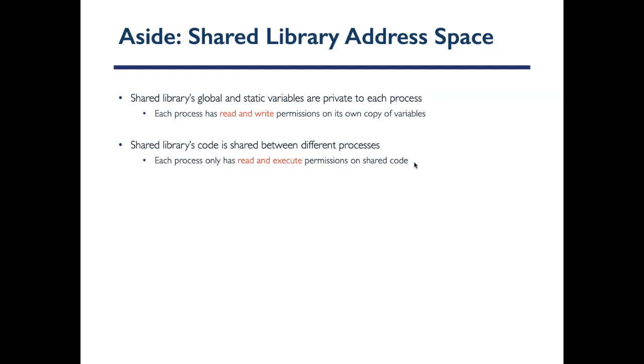So why is that important? Well, what should really be the PC, and how should the PC be set to the same code that is going to have different virtual addresses in different processes?